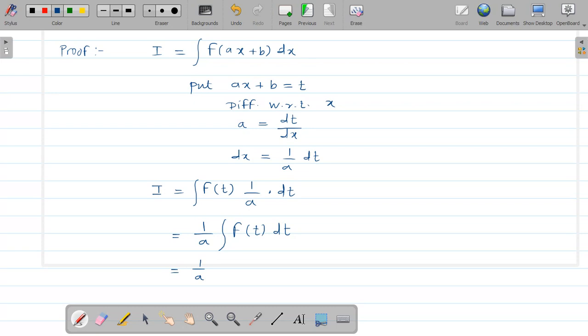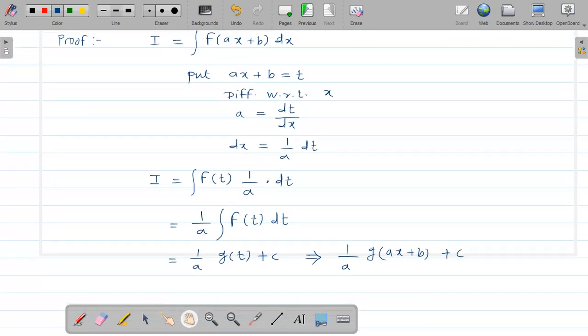The integration of f of t will be g of t plus c. So it is 1 upon a into g of t plus c. By resubstituting, we get g of, what is t? t is ax plus b, plus a constant.